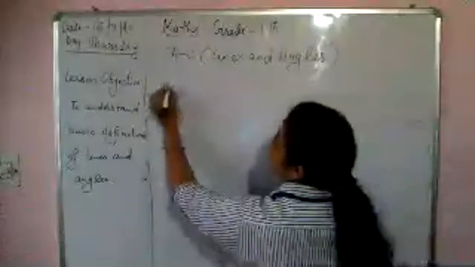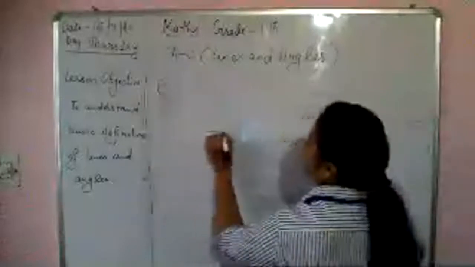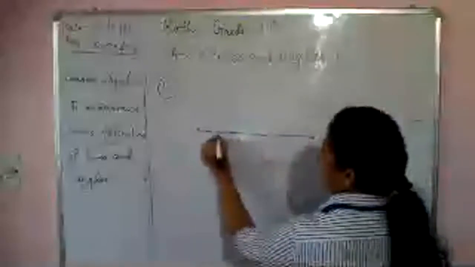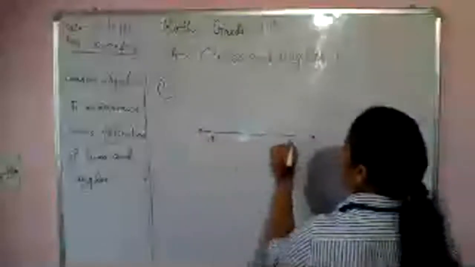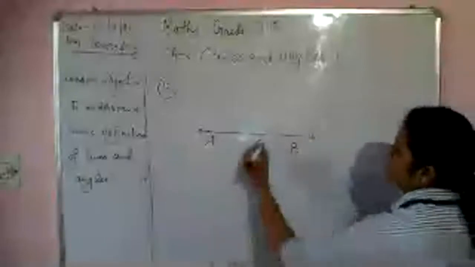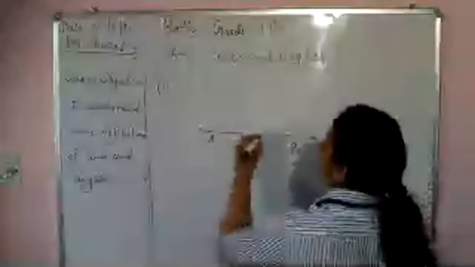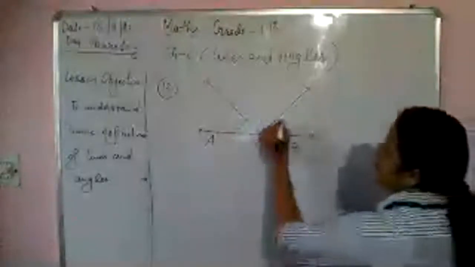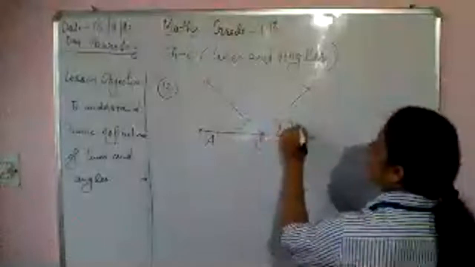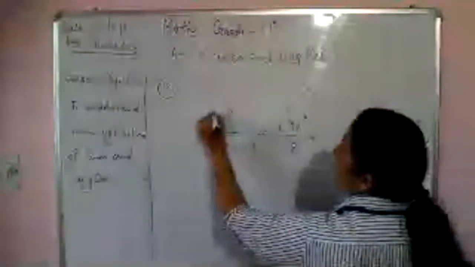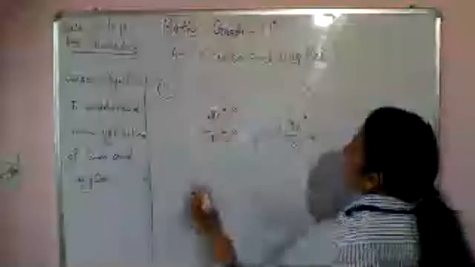So your 12th question: if this is the figure, A, B, this is point O. This angle is given as 40 degrees and this angle is given as 30 degrees.